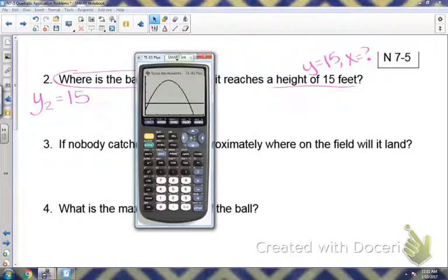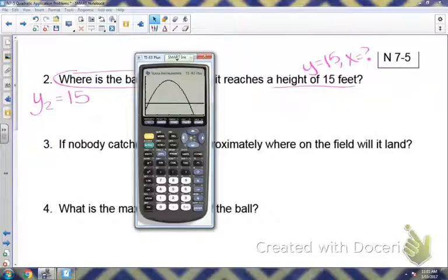If you graph it, it should be a straight line when y equals 15. Notice that your parabola crosses that horizontal line at 2 different places, so you should have 2 different answers. The reason it's at 2 different places is because the ball is going up and it reaches 15 feet, but then when it comes back down it also reaches 15 feet again. Alright, so we need to find both.